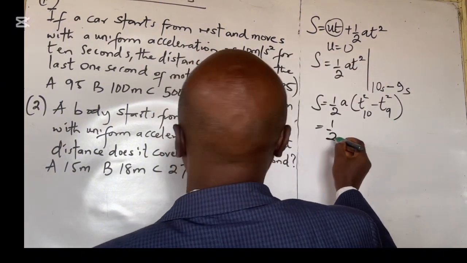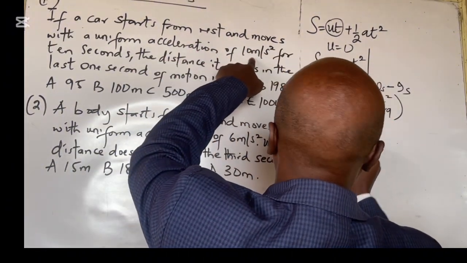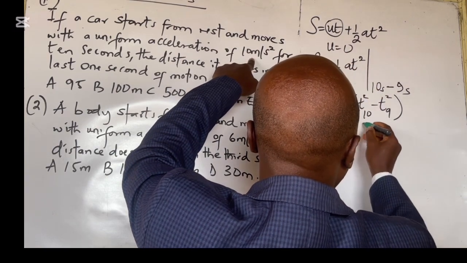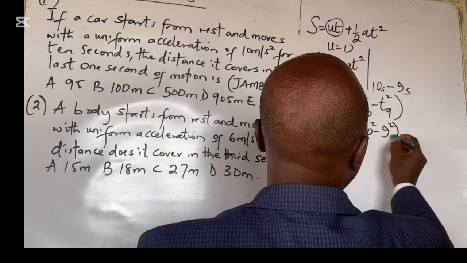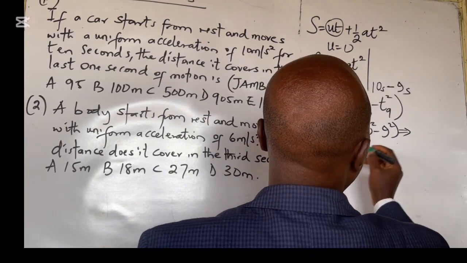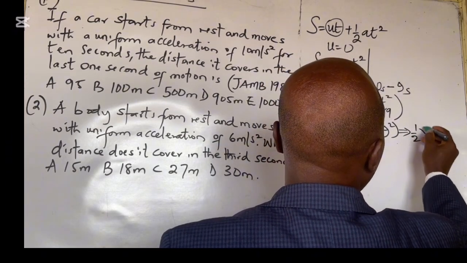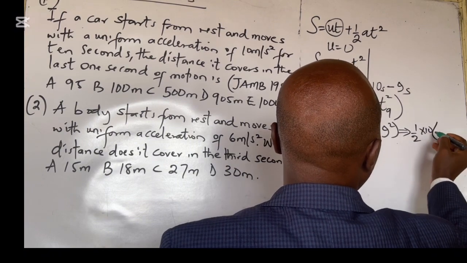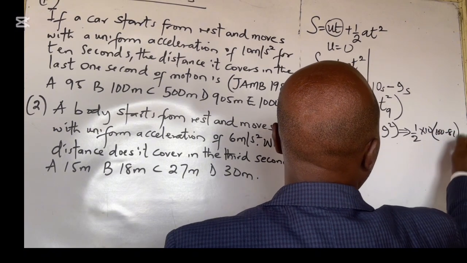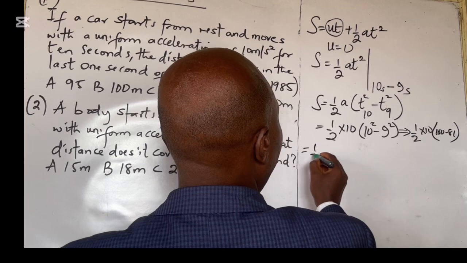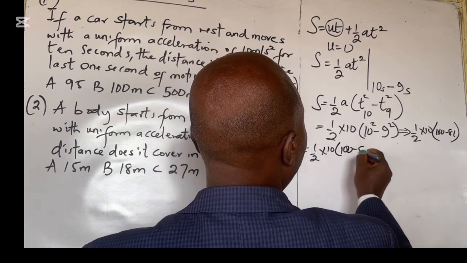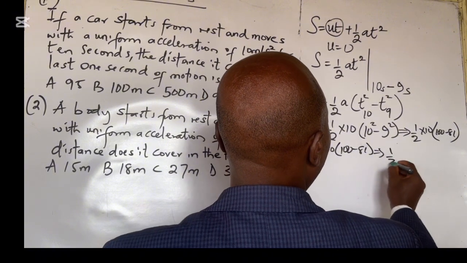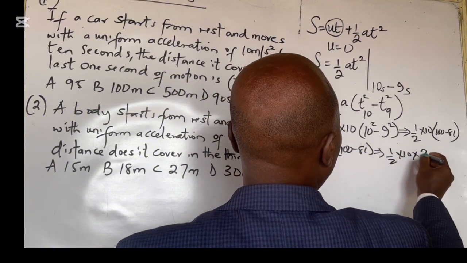We have half, our acceleration is 10 meters per second squared, time here, that's 10 squared minus 9 squared. So if we do that very well, we have half of 10, that's 100 minus 81. So let's do it here. Half times 10, 100 minus 81. So that will give you half of 10 times 19.